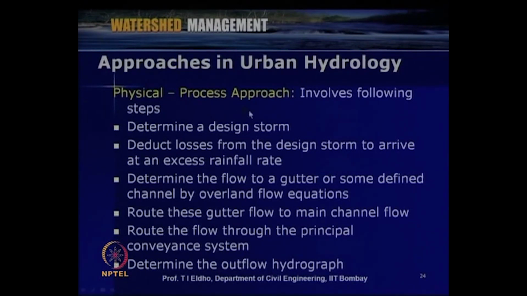We deduct losses from the design storm to arrive at an excess rainfall rate, how much excess rainfall is taking place, and then we can determine the flow to the gutter or the drainage systems, and then route it through the gutter to the main channel, and route the flow through the principal conveyance systems, and finally determine the outflow hydrograph. Depending upon the outflow hydrograph at the outlet of the watershed, we can go for design or for the management of the system which we consider.